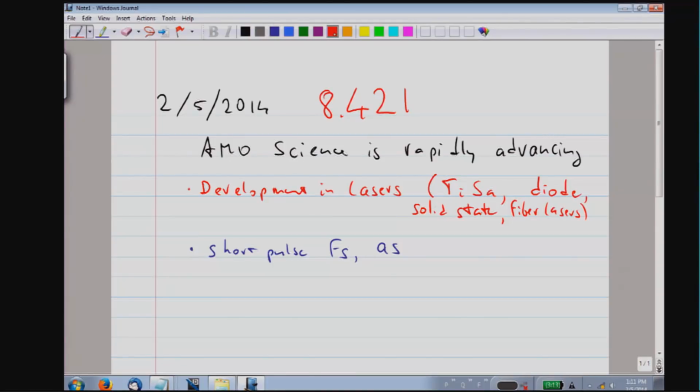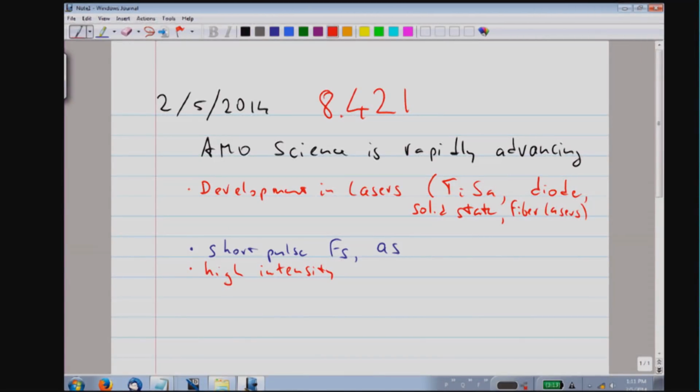Well, if you have very short pulses, that also opens up the possibility to go to very high intensity. You don't need so much energy per pulse. If the pulse is very short, you reach a very high intensity, which is in the range of terawatt.